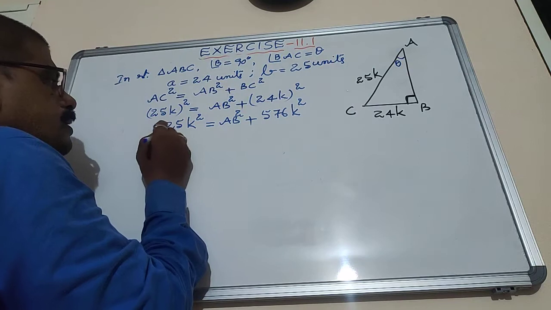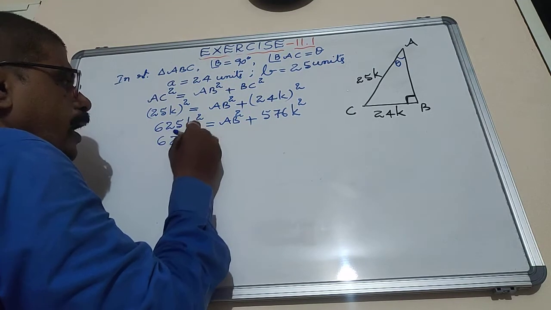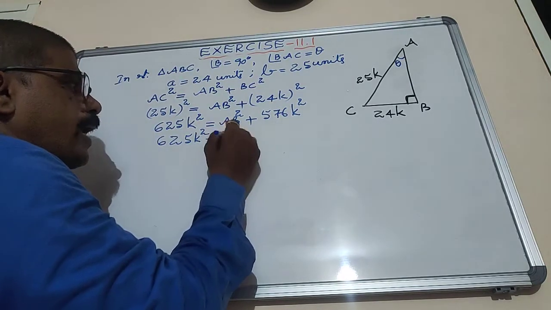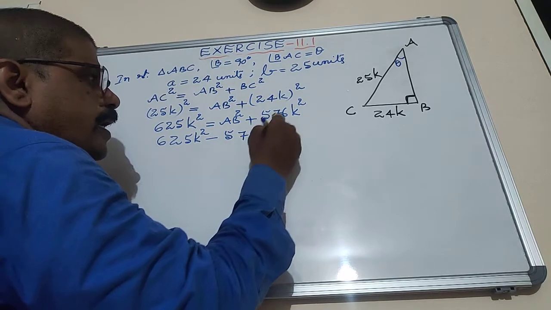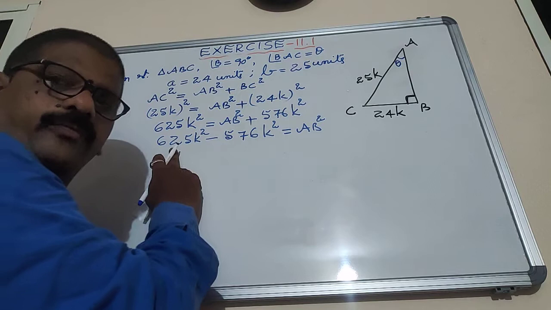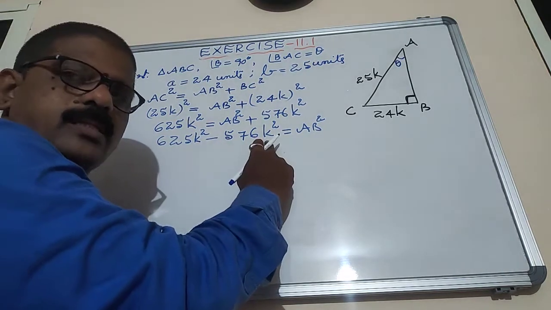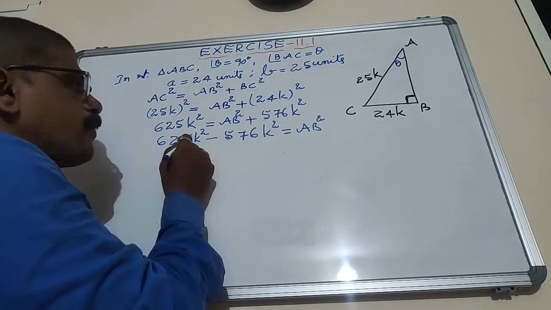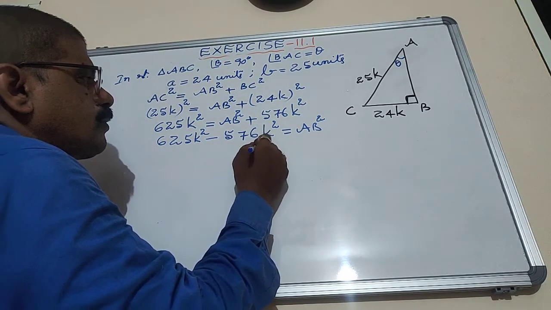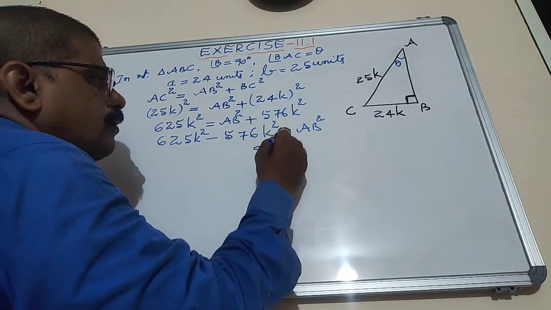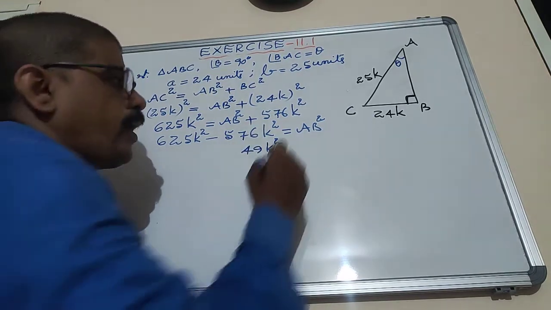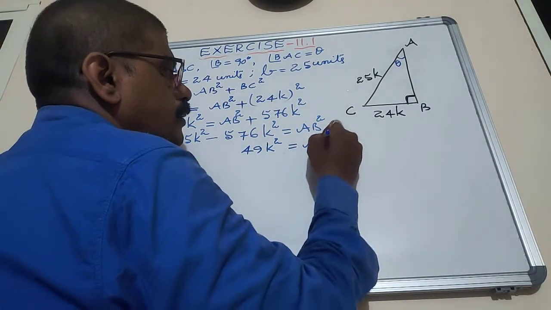Now 576k square transfers to the left hand side, it will be minus 576k square equals AB square. So 625 minus 576, k square, will be 49k square equals AB square.